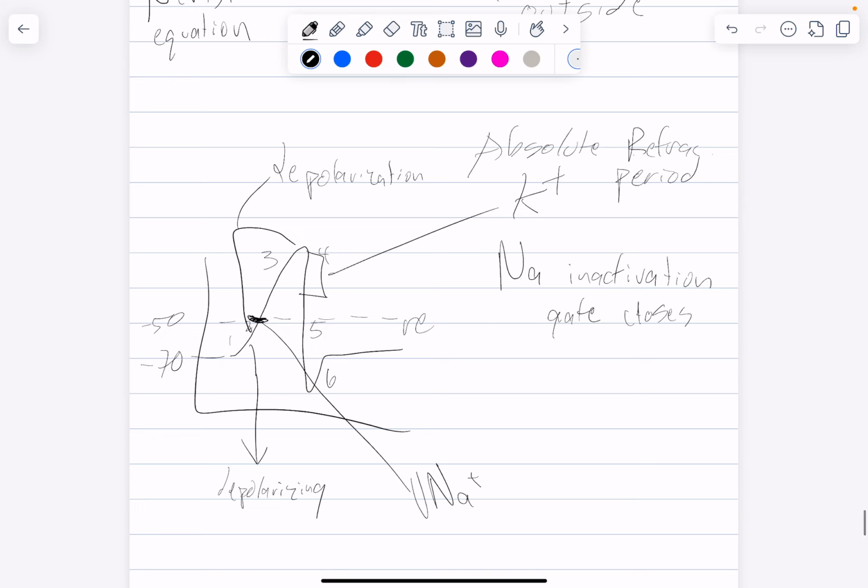Well, kind of, to like right about there. This is hyperpolarization, like I mentioned before.